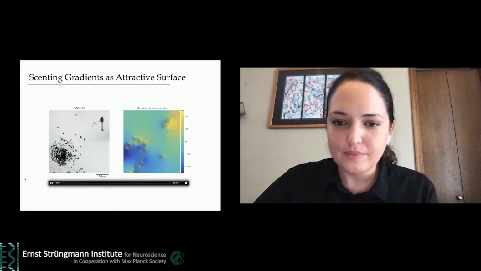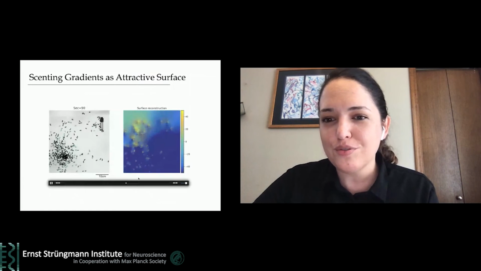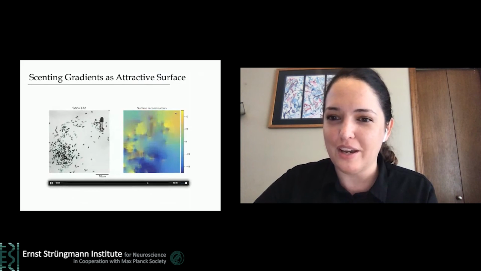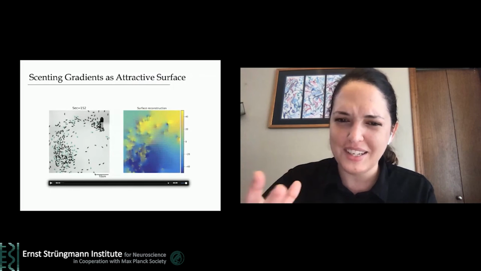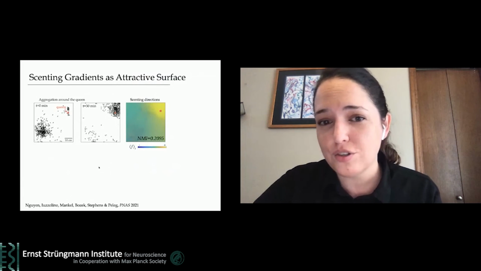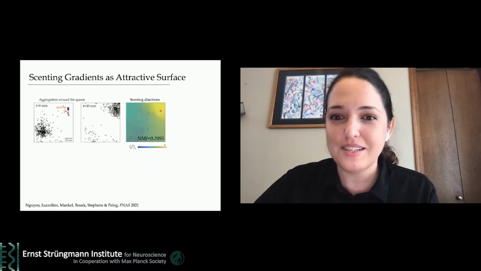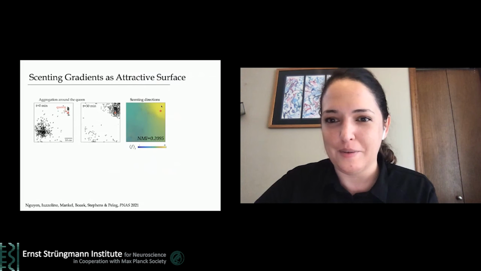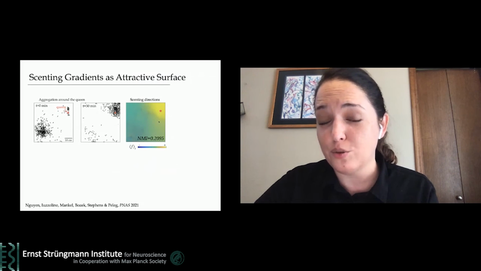and yellow are high values on the surface. When we construct it instantaneously, we can see that there is a tendency to have yellow at the upper right corner, but it's quite noisy. If we take the average of all of these surfaces, we get a nice correlation between high values of the surface and where the queen is.